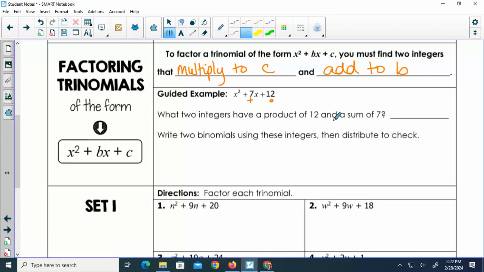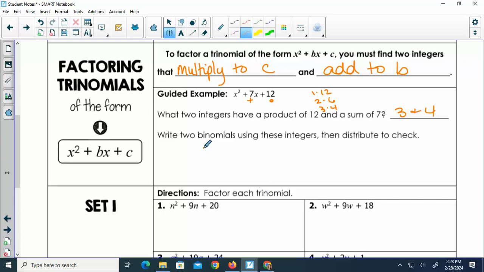If you struggle with multiplication facts, it might help you to multiply things out or to make a list of things that multiply to 12. You could do 1 times 12. Does that add up to 7? No. You could do 2 times 6. Does that add to 7? No. We can do 3 times 4. Does that add to 7? Yes. So my numbers are 3 and 4.